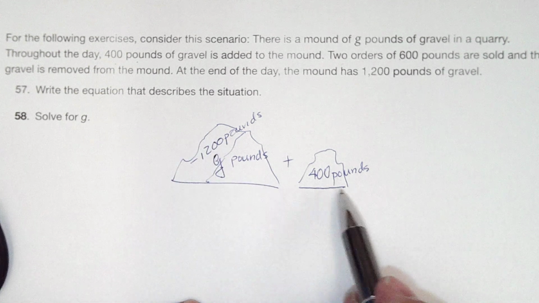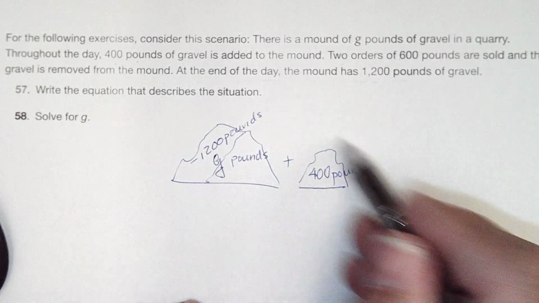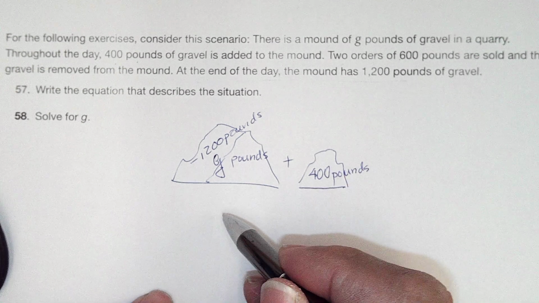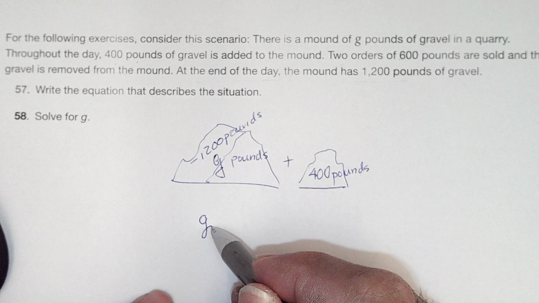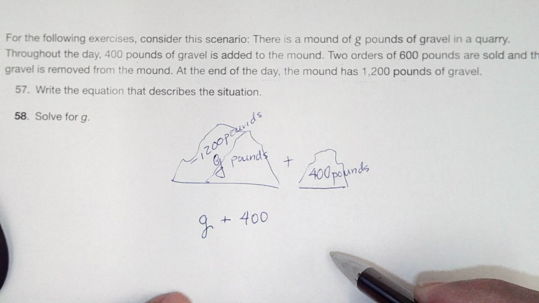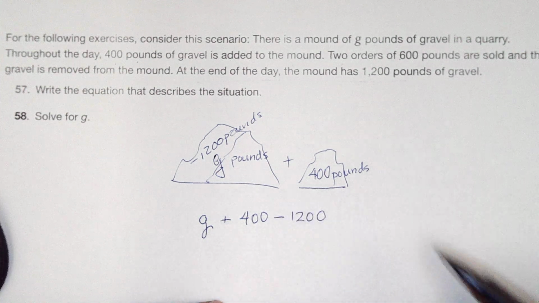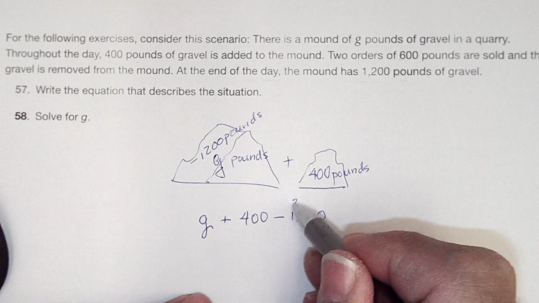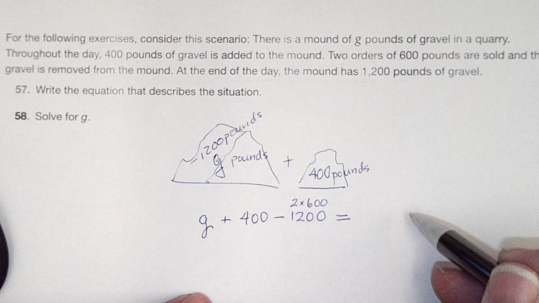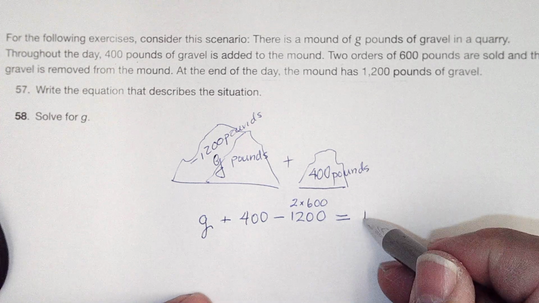So an equation that would describe this: there was G pounds plus 400 more pounds minus 1,200 pounds taken away in 2 loads of 600. So you could go 2 times 600, if you will. And that left a pile. After all this was done, there was 1,200 pounds.